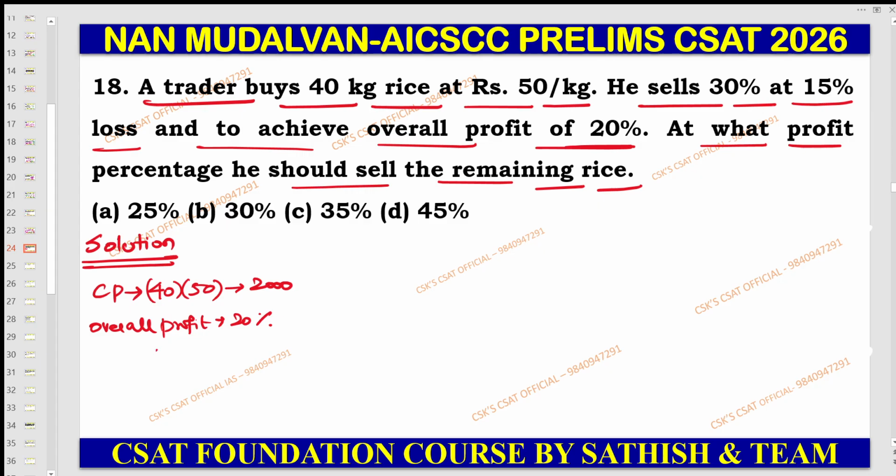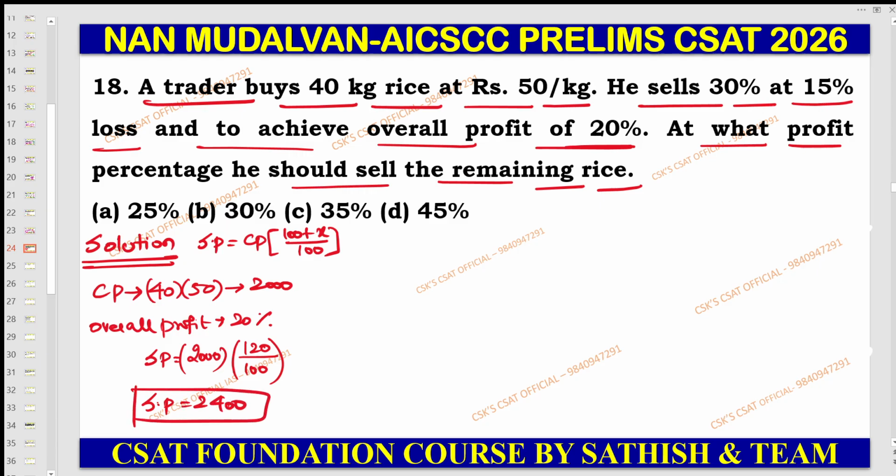So what must be your selling price? Selling price is equal to your cost price into 100 plus P by 100, so that is 100 plus 20 by 100. You know your SP formula. SP is equal to CP into 100 plus X by 100. So that logic only we are using. If you cancel this one, your SP must be what?